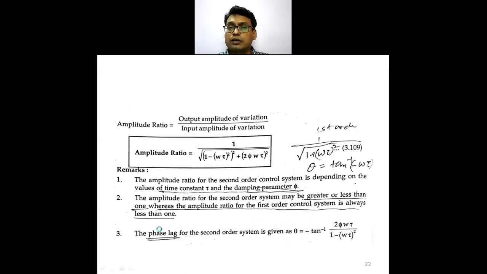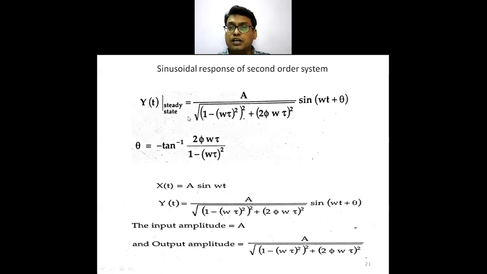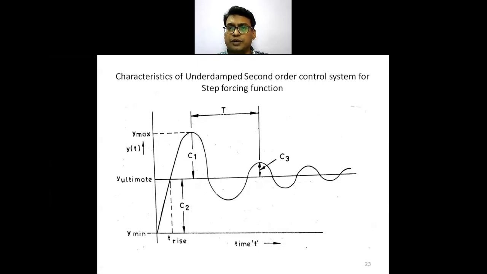When you plot this transfer function for the steady state values, the sinusoidal response of the second order system gives such a behavior. This sinusoidal behavior, these oscillations, are going to decay after some time because of the damping parameter.